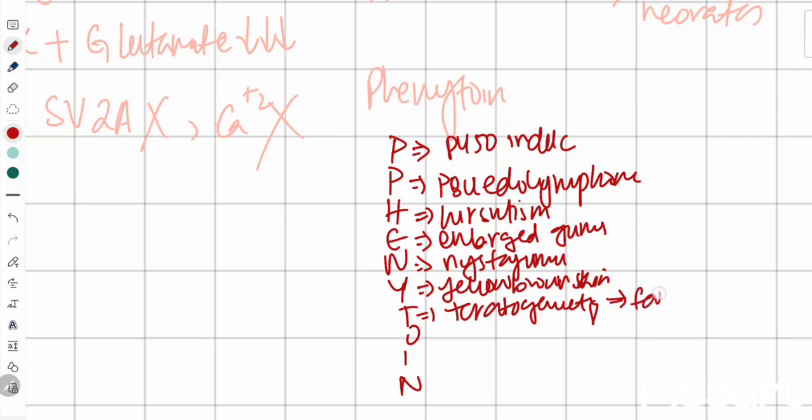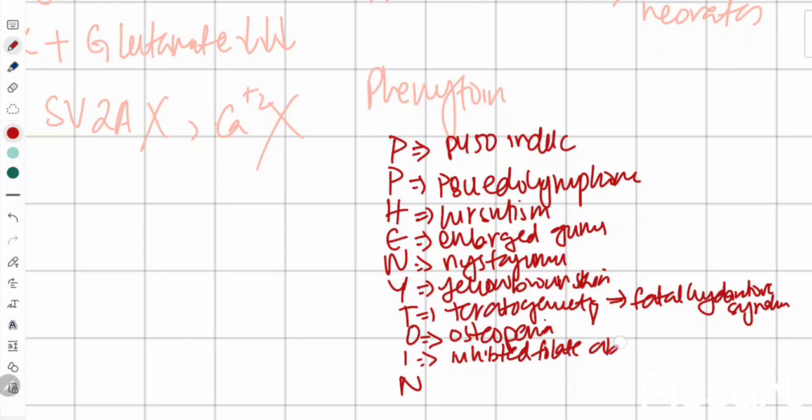This is called fetal hydantoin syndrome. O is for osteopenia. I is for inhibited folate absorption, and N is for neuropathy. Really important to know, the takeaway is teratogenicity. It is absolutely contraindicated in pregnancy.